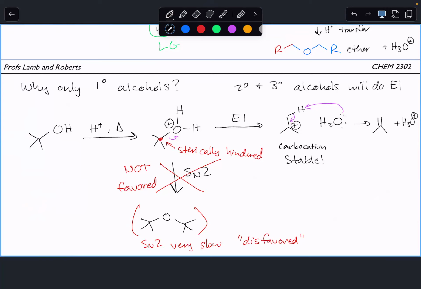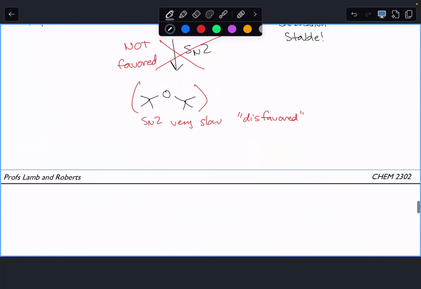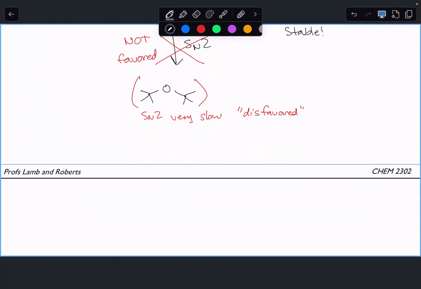Okay. Every example I've shown you so far has been intermolecular. It has been two different alcohol molecules that come together to form one ether. That does not have to be the case. So let's look at the intramolecular example. The two alcohols can be attached to one another.